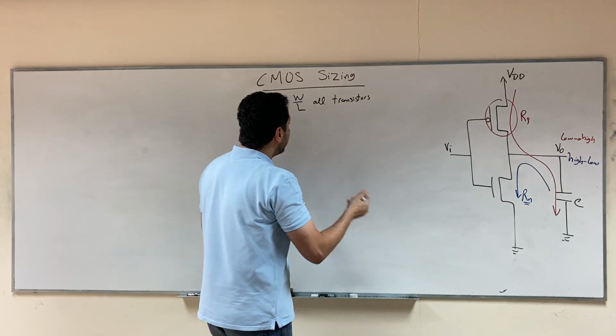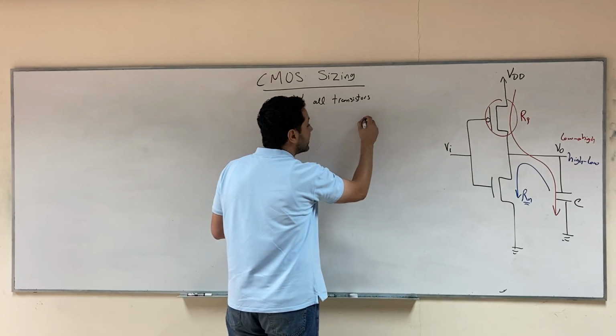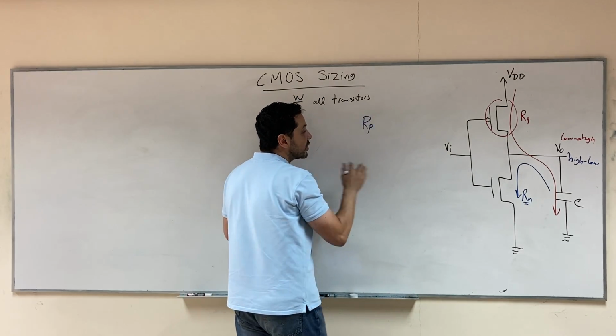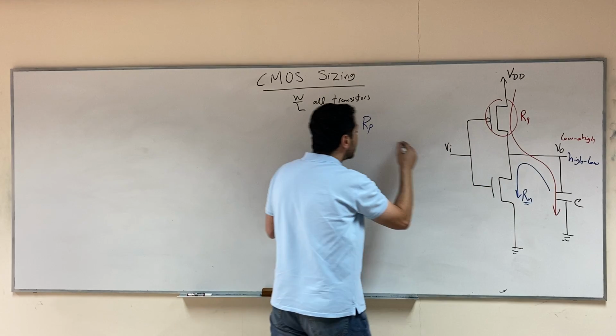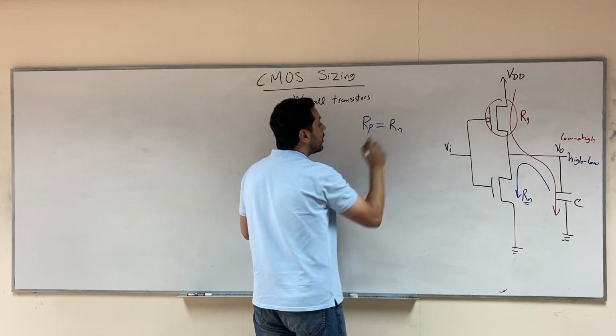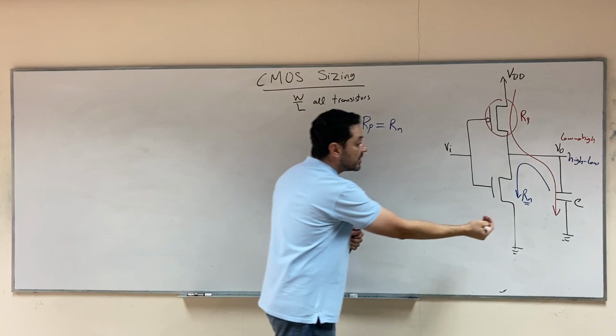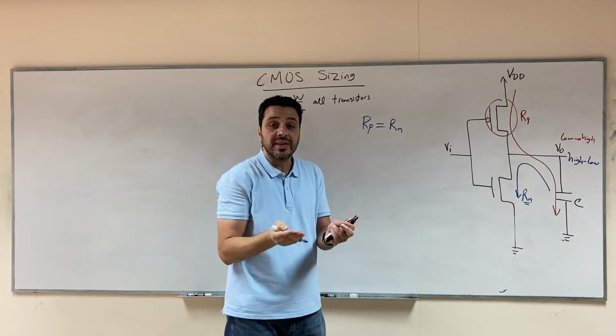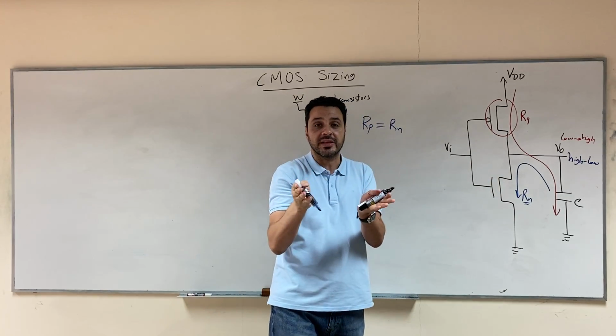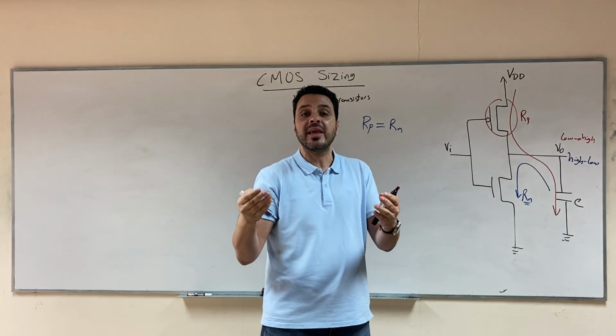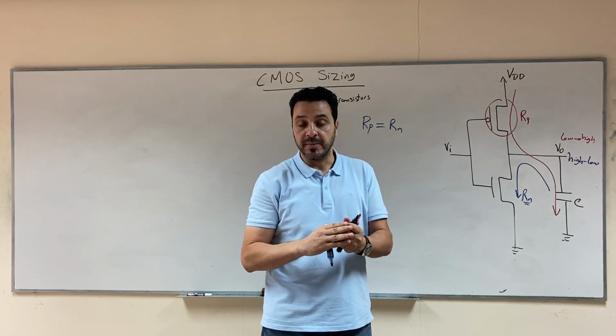To do that, we need to design the resistance of the PMOS through which the capacitor is charging to be equal to the resistance of the NMOS through which it is discharging, so that the capacitor takes approximately the same time in charging or discharging.